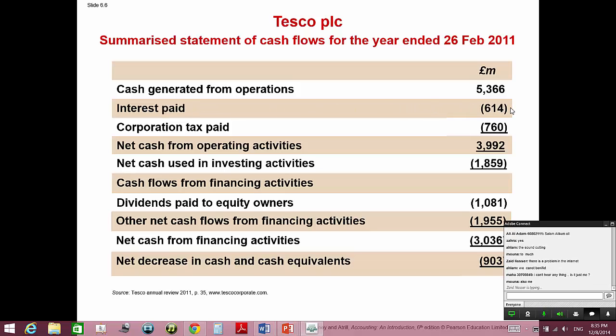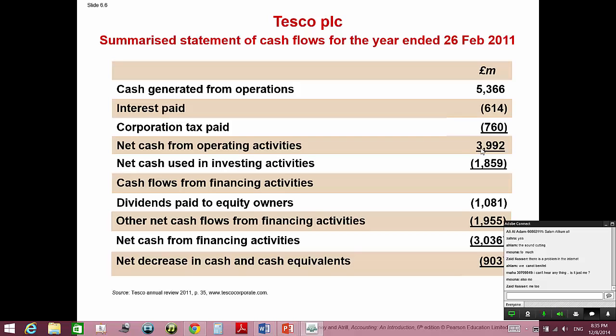And this is the interest that we pay, and this is the tax. The interest and tax are negative because we pay those amounts, so it's cash outflow. We need to deduct those cash outflows from the cash generated from operations, and we will get the net cash from operating activity, which is 3,990.